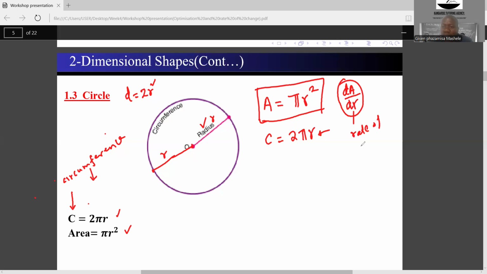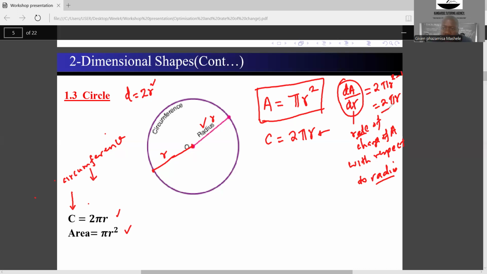The rate of change of the area A with respect to the radius. So if we differentiate this area with respect to radius, I believe you know how to differentiate, this will give us 2 pi r to the power 2 minus 1, and this will give us 2 pi r.